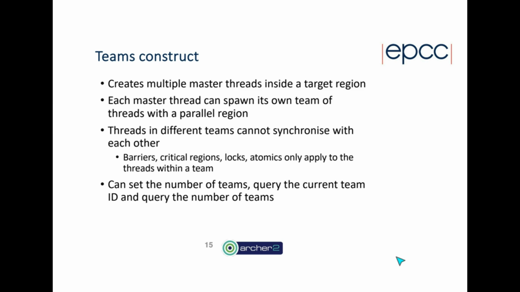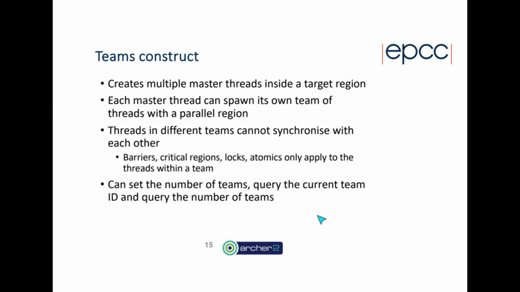But in order to reflect the capabilities of the hardware, threads in different teams are not allowed to synchronize with each other. So things like barriers, critical regions, locks, and atomics only apply to the threads within a team. You have some control here.